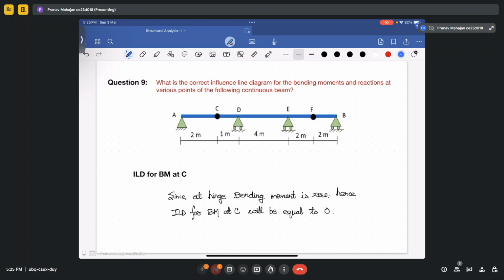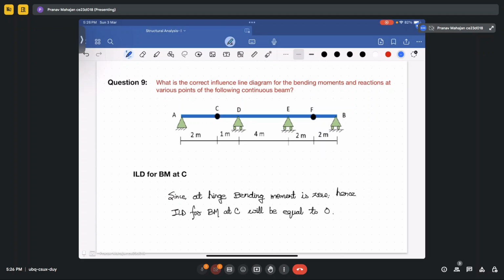So where this will help us, it will help us to determine the maximum stresses that are developed in that particular section due to the moving load, and also it will help us to determine the critical load carrying condition of the section.